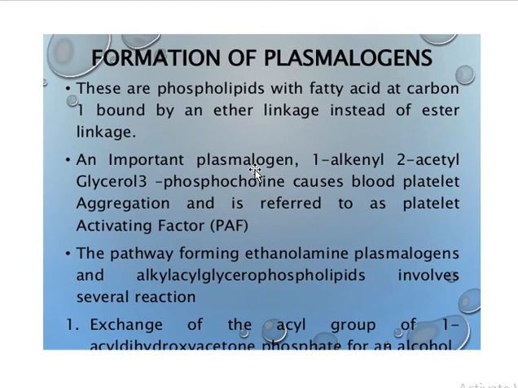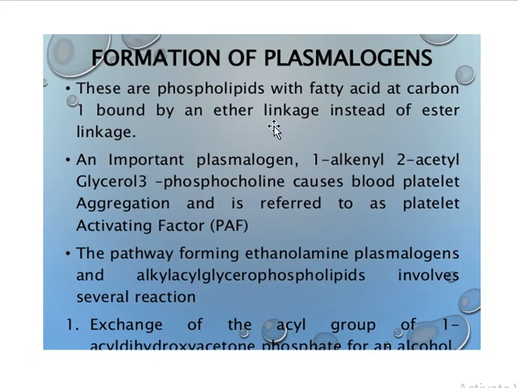Now, the formation of plasmalogens. The plasmalogens are the class of phospholipids which contain an alkyl group at the first carbon of glycerol, and this alkyl group is linked to the first carbon of glycerol through the ether linkage.